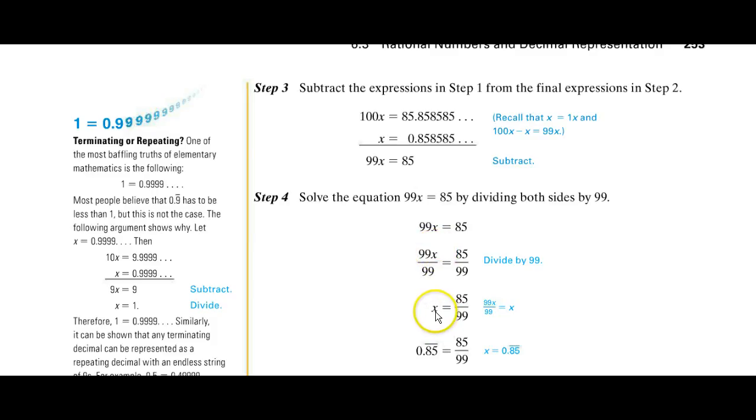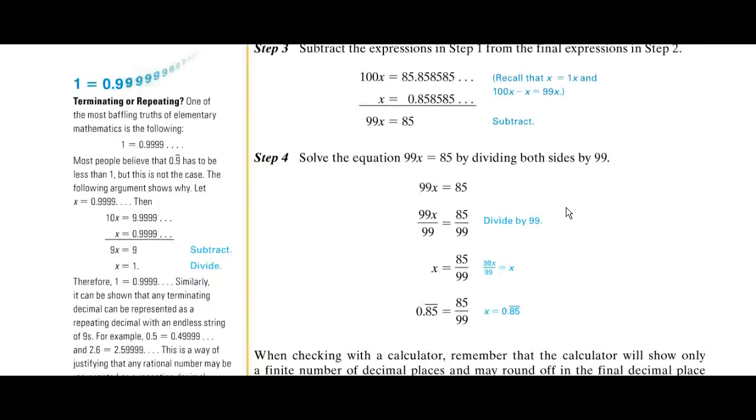And we end up with x equals 85 over 99. If we were to divide this, it would give us this repeating decimal. So this one's complicated, and you're able to use your textbook to just follow it as an example.